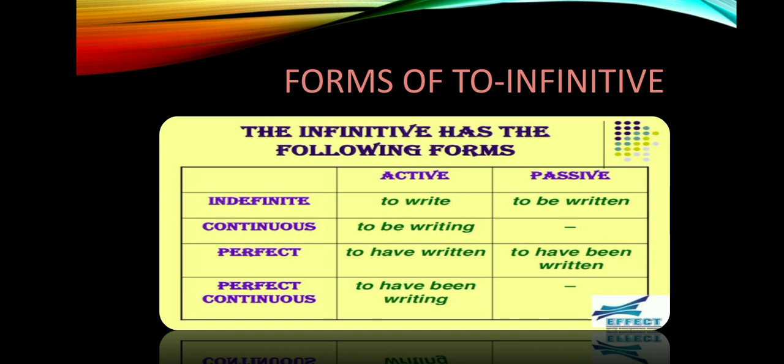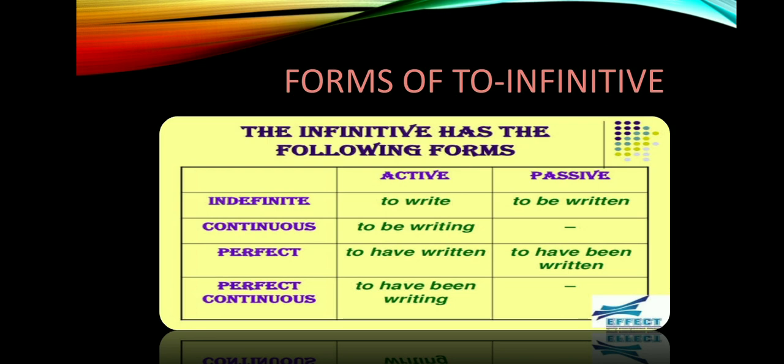To infinitive has active and passive forms. It will be helpful in changing the voice. Indefinite, continuous, perfect, perfect continuous. All these four types of situations are in front of you. When this to infinitive is in the active form of indefinite, it is to write, and in passive, to be written.